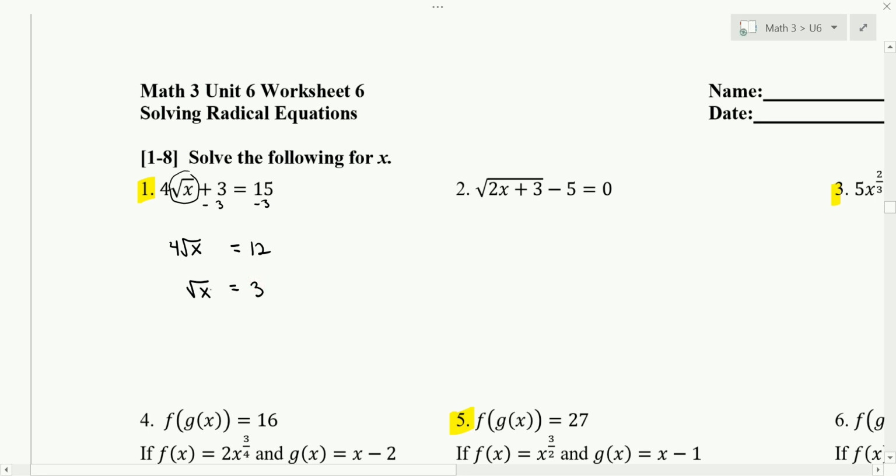Then you square both sides. The square root of x times the square root of x is x, and this equals 9.